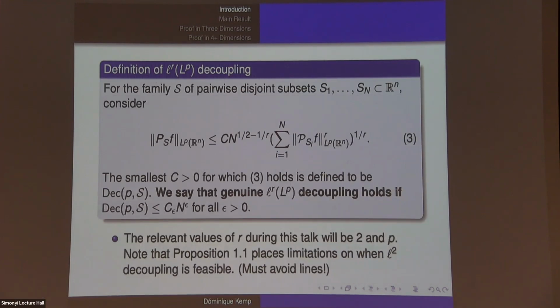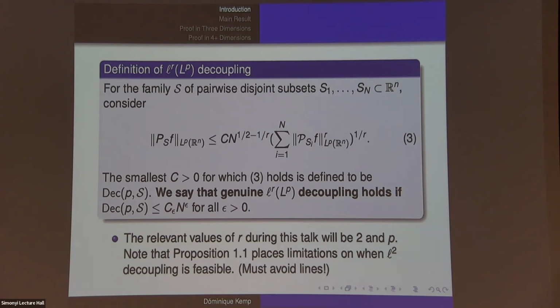So this definition of l^r L^p decoupling in particular looks the same as before, but the exponent has been reduced to 1/2 minus 1 over r. And now this is what I was trying to get to. When r is 2, you don't have any power of n, at least unless you've read this part, which says that we allow at most some epsilon dependence in the exponent for n.